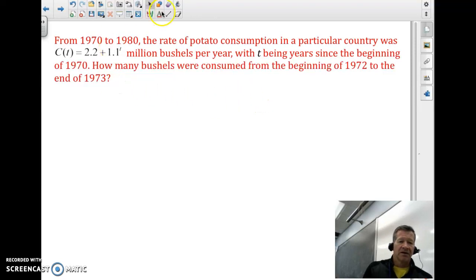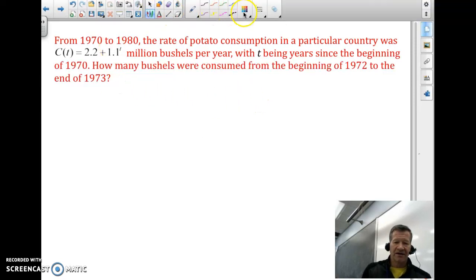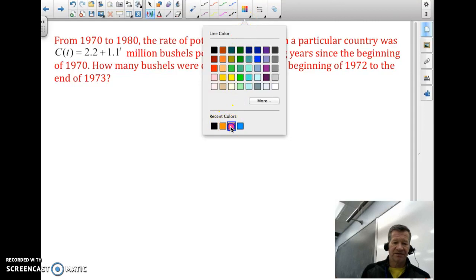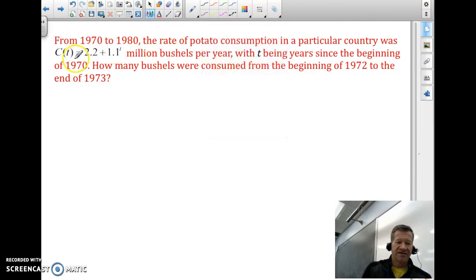Well, again, it's important to read and understand what the given function means, and we can see here that C of T is the rate of potato consumption in millions of bushels per year, okay?